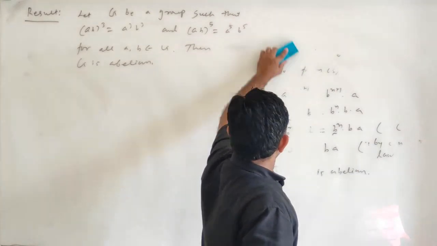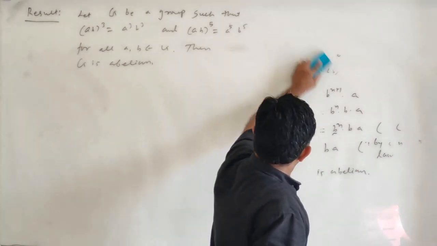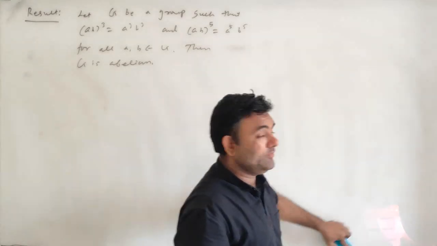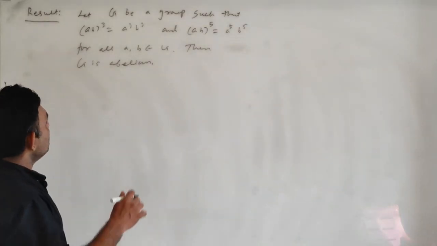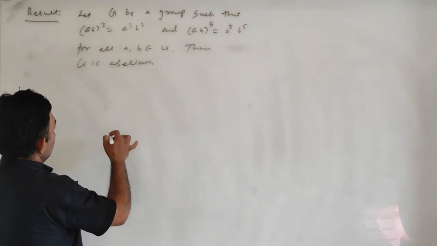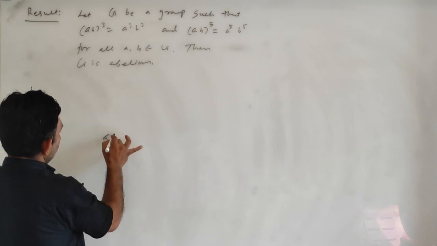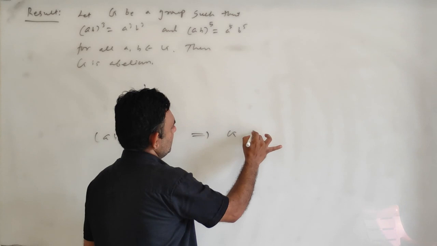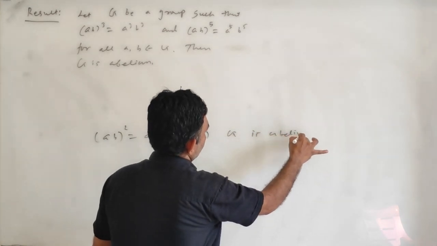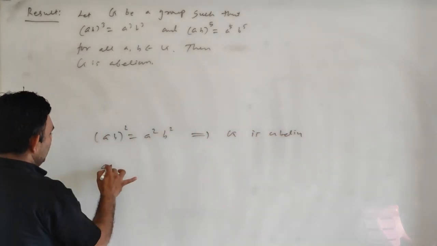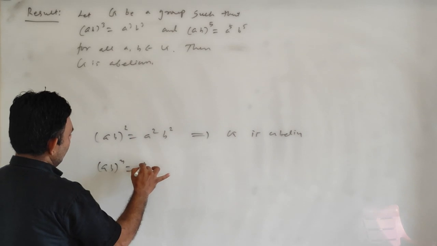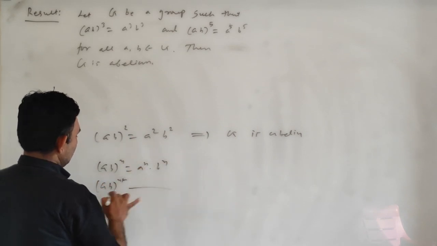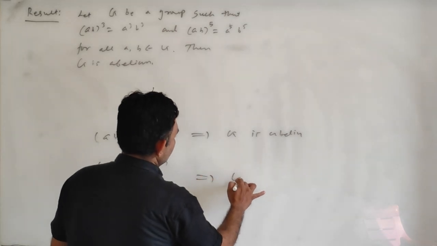So what does this result say? You compare this result with the previous two results. First we proved that if (ab)^2 equals a^2 b^2 then G is abelian. Then we proved (ab)^n equals a^n b^n, (ab)^(n+1), etc., implies G is abelian.